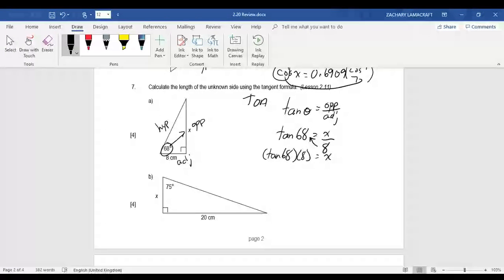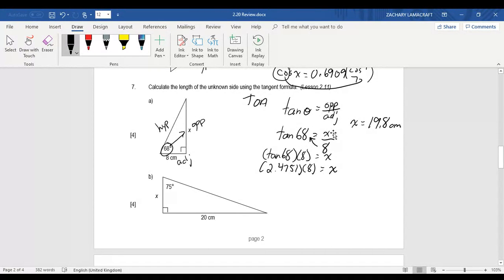On my calculator, 68 tan gives me 2.4751, times 8 equals x. I'm rounding to the nearest tenth, and in this case, it would be 19.8, and they're using centimeters, okay?